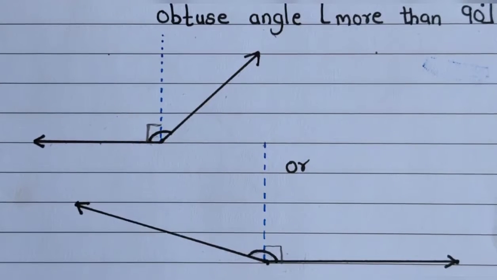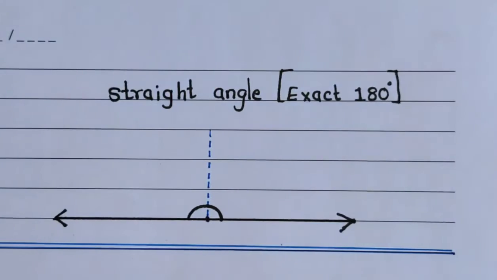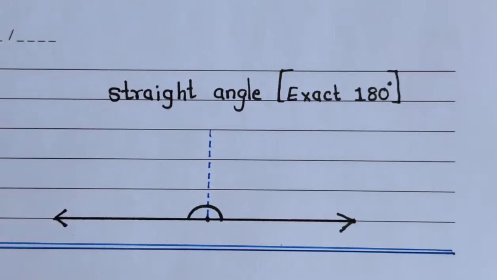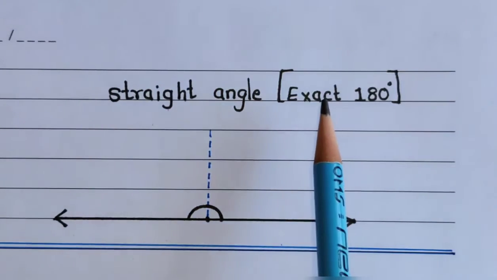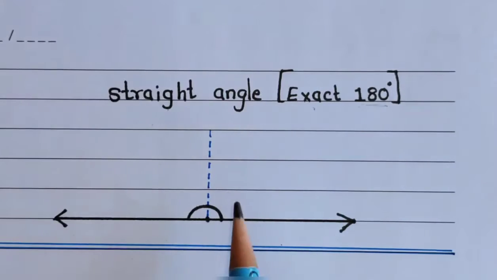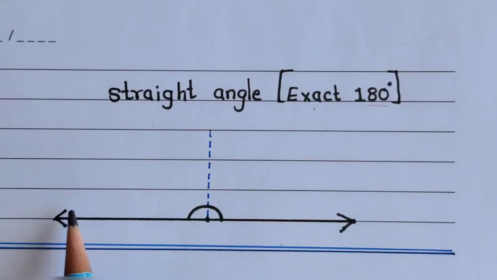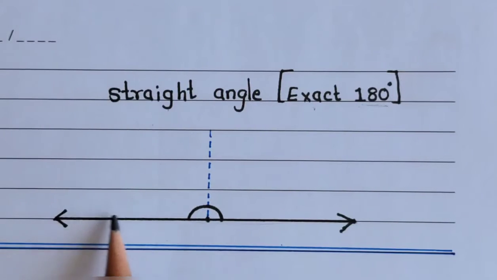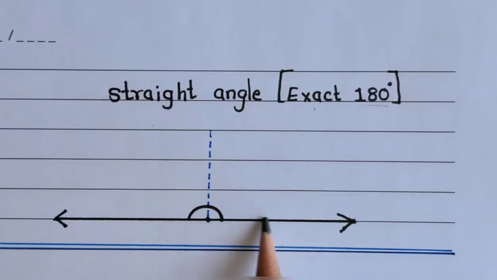Now what is next? Let us see. Next is straight angles. Now what are straight angles? The angles which measure exactly 180 degrees are called straight angles. And while making a straight angle, you will notice that both the arms of the given angle form one straight line.